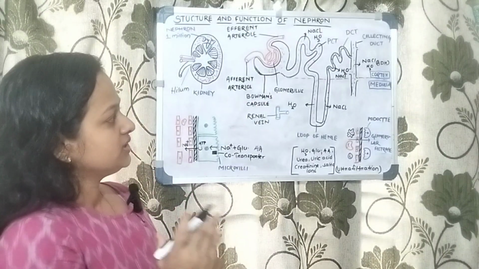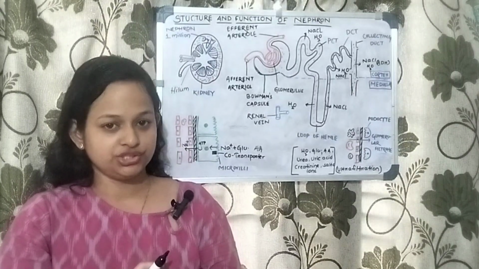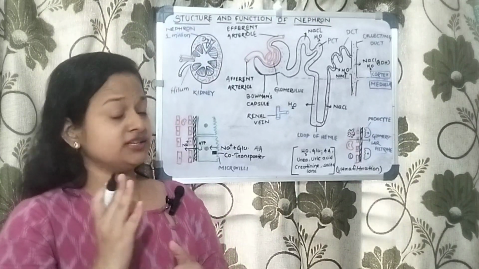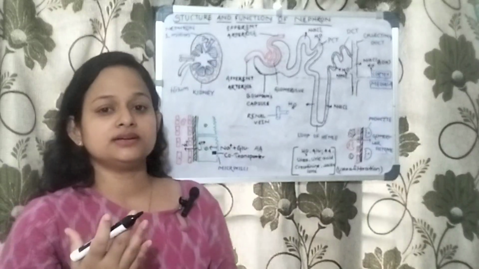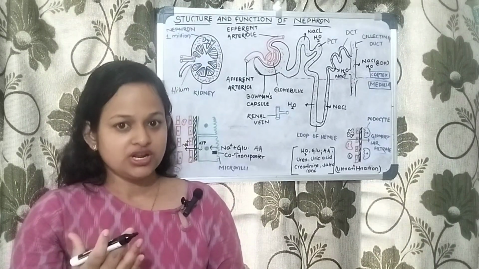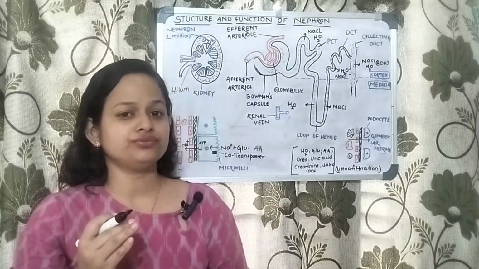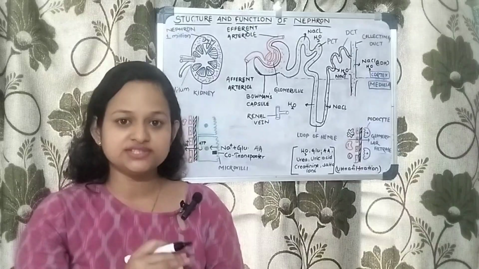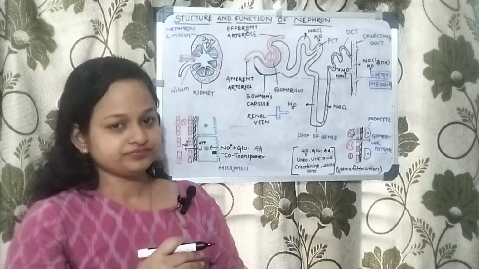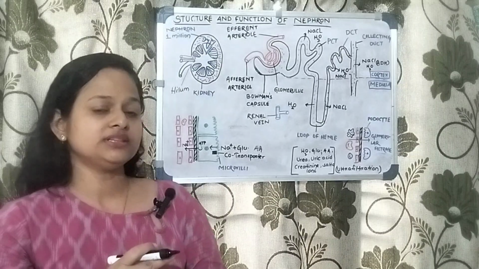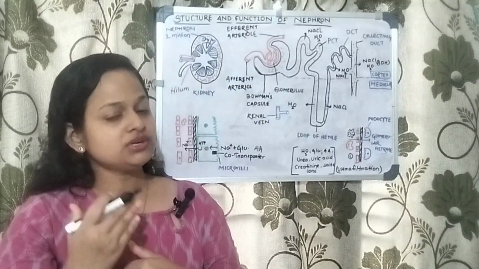Okay, so there is a third step, that is the tubular secretion. And I forgot to say that tubular reabsorption only occurs to the extent of our body's need, so this is also known as selective reabsorption. Then comes the third part, the tubular secretion.